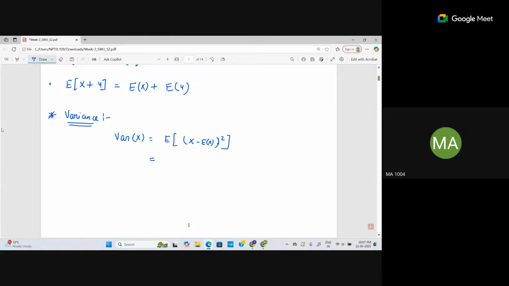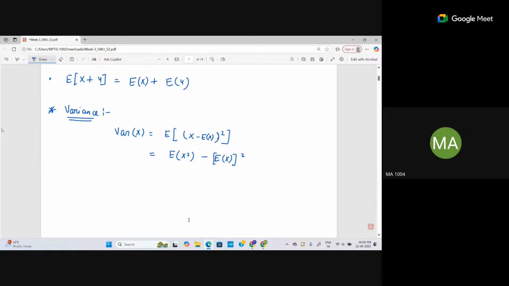Now if we simplify this formula, we can write it as expectation of x square minus expectation of x whole square. So when you open the square here and take the expectation of each term and solve, you will get this term. Okay, and standard deviation is nothing but the square root of variance, right?